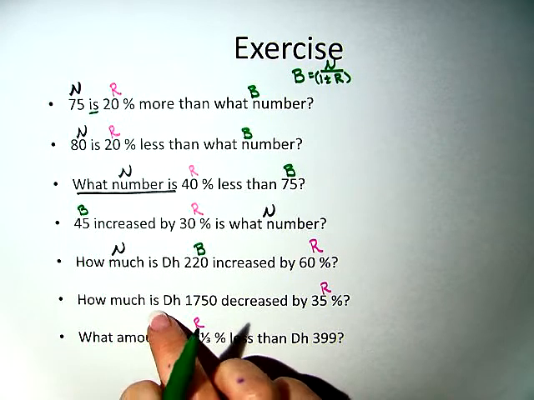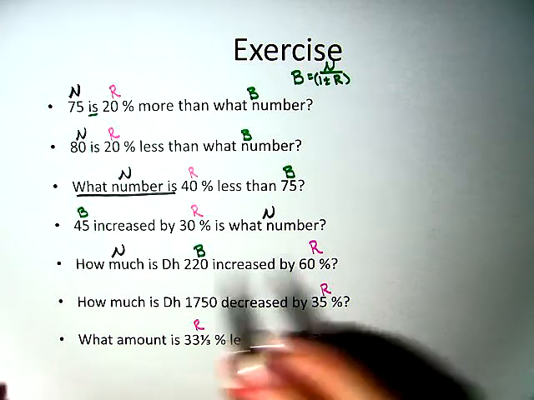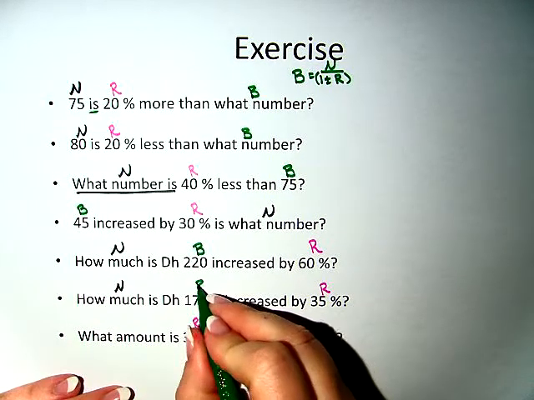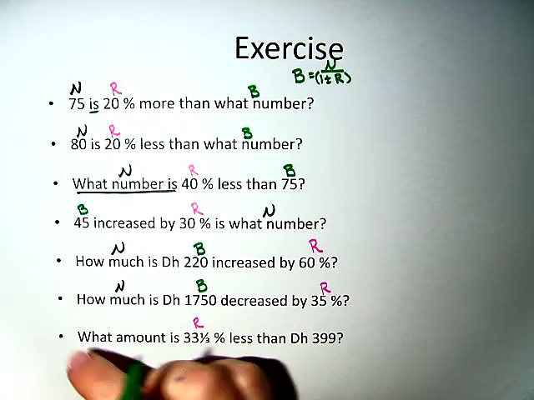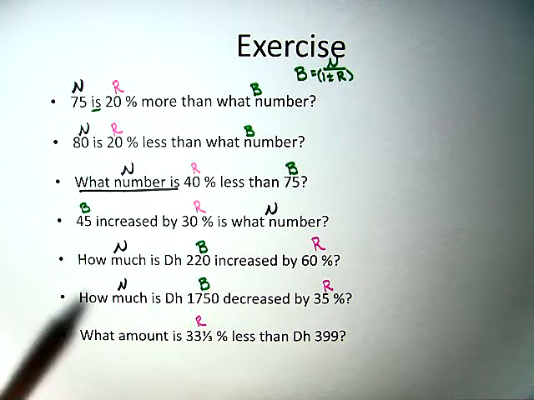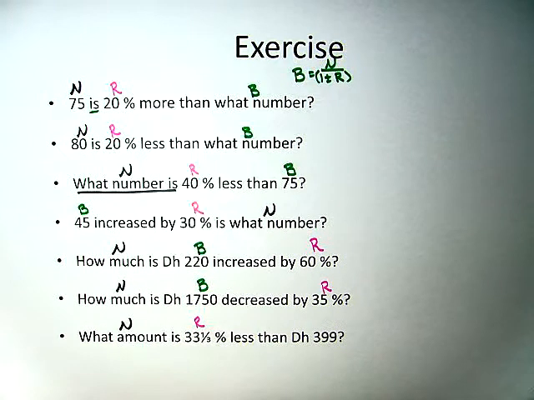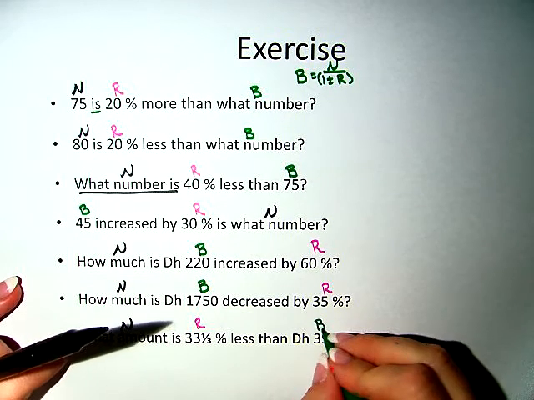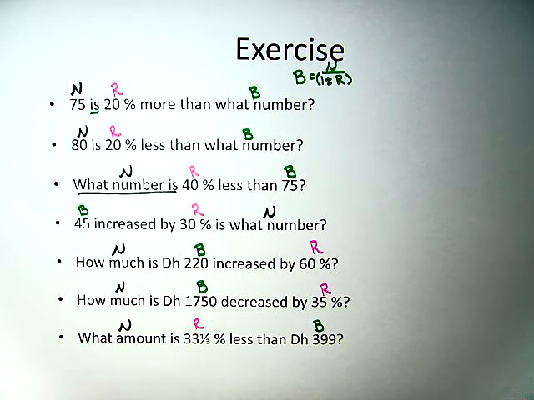How much is, okay, so once again we're looking for our new number, and 1750 is our base. Now they're saying what amount is. Well, what amount is still asking for the new number. 33 1/3% less than 399, which is our base.